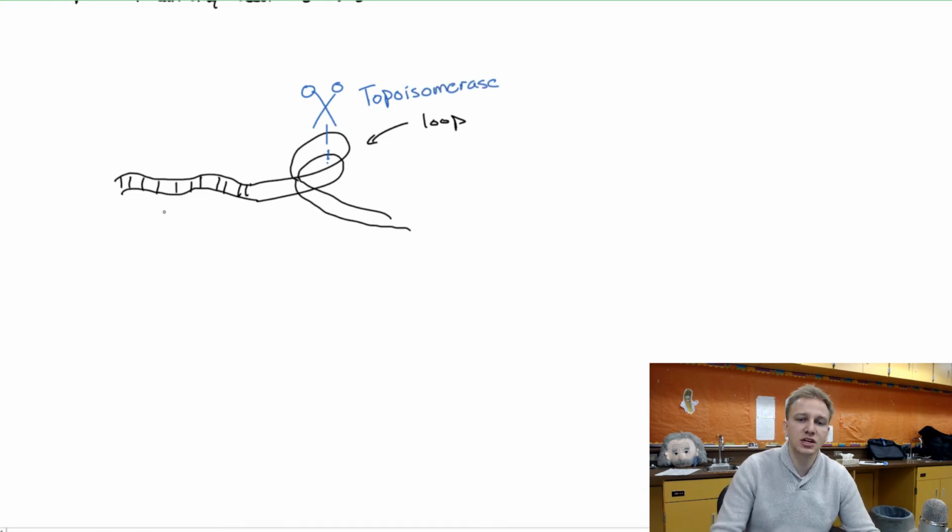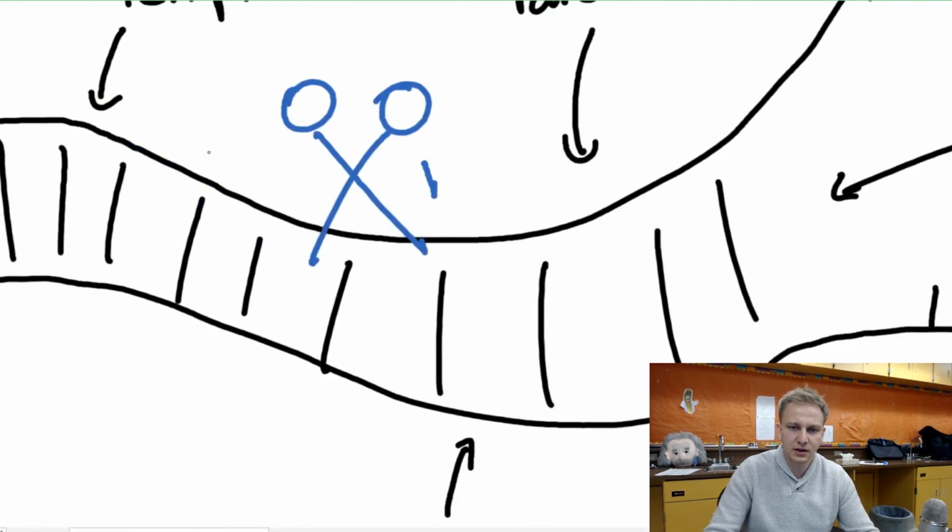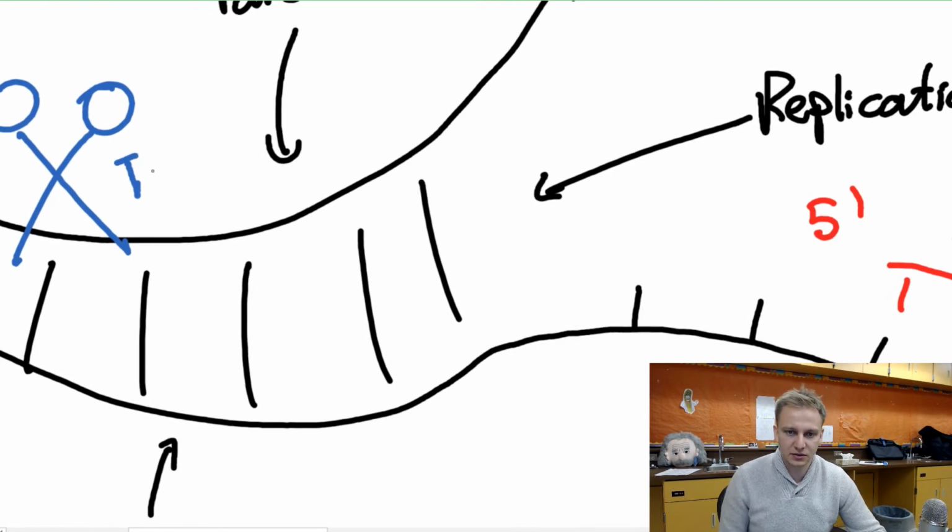Topoisomerase usually goes ahead of this replication fork. Somewhere up here, we'll draw these scissors. Let's zoom in so that we can make this a little bit neater. We'd see topoisomerase up here.